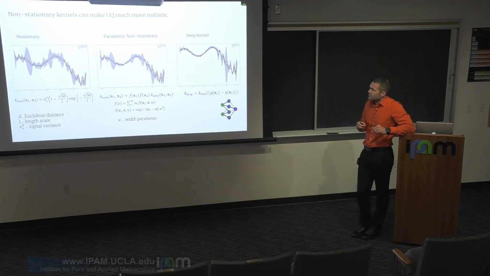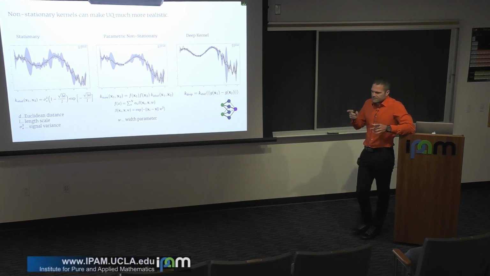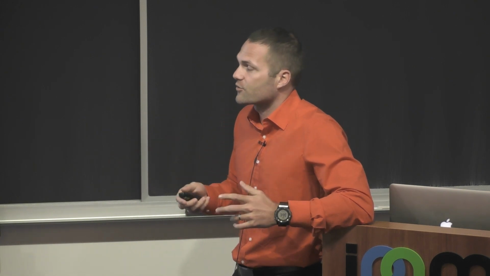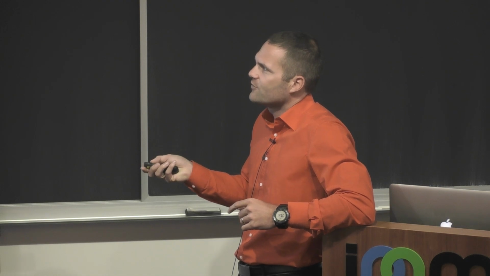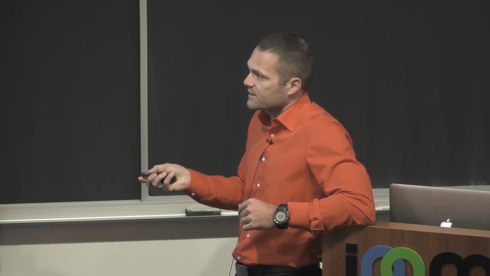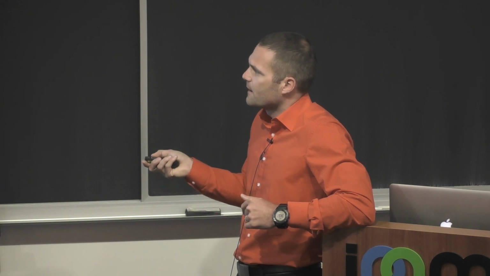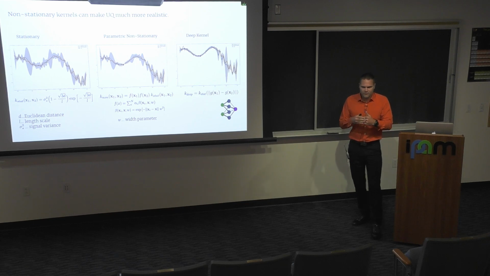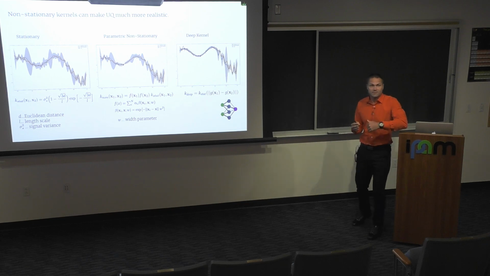One of the big challenges with deep kernels, if you ever get to set one up: one of the reasons why Gaussian processes are so popular is that they are very interpretable, in the machine learning world, relatively interpretable. You get these hyperparameters, you kind of know what they mean, great. And that stays the way for all stationary kernels and for parametric non-stationary kernels, where this function is a parametric function, a sum of radial basis functions. The moment you bring a neural network into the mix, you get great flexibility from the neural network.